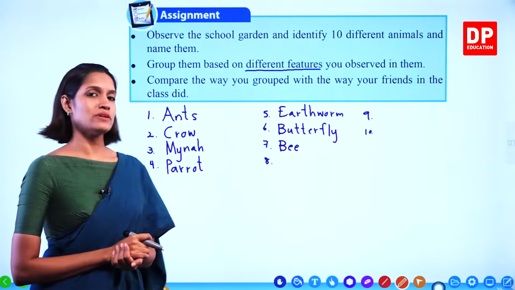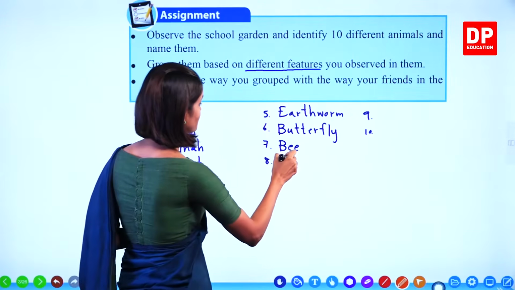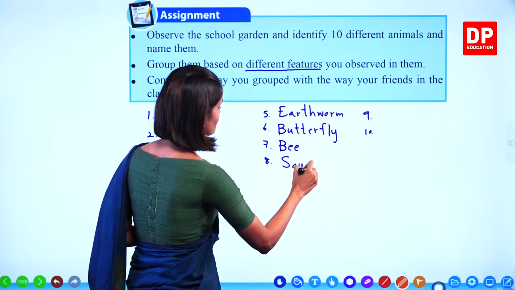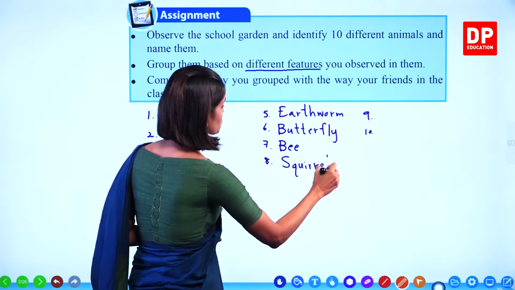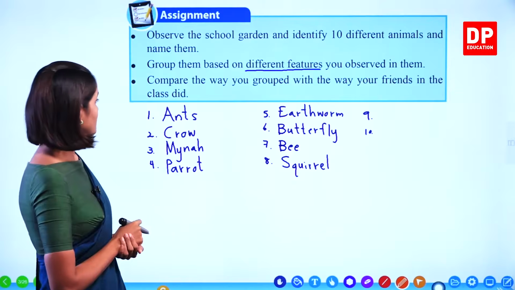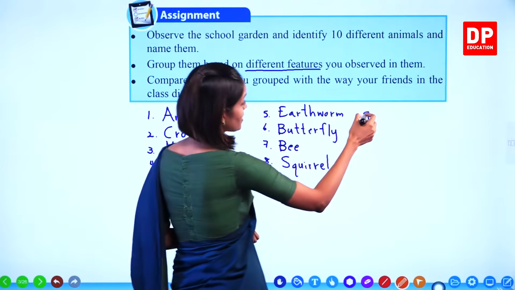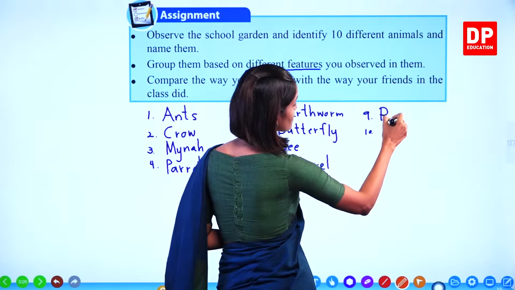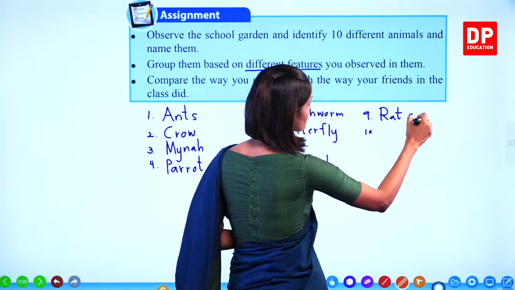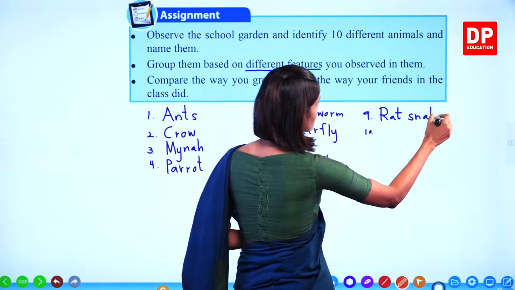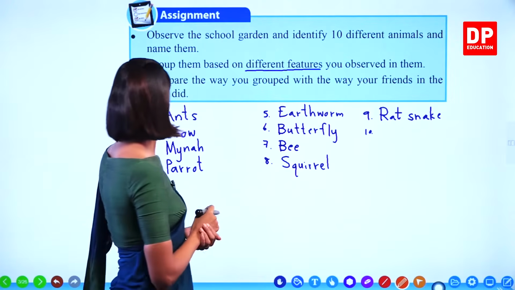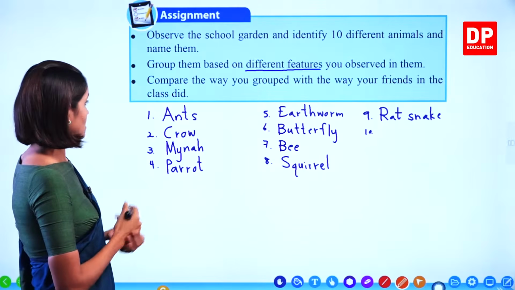What are the other animals? Squirrel, and rat snake. What are the other animals?